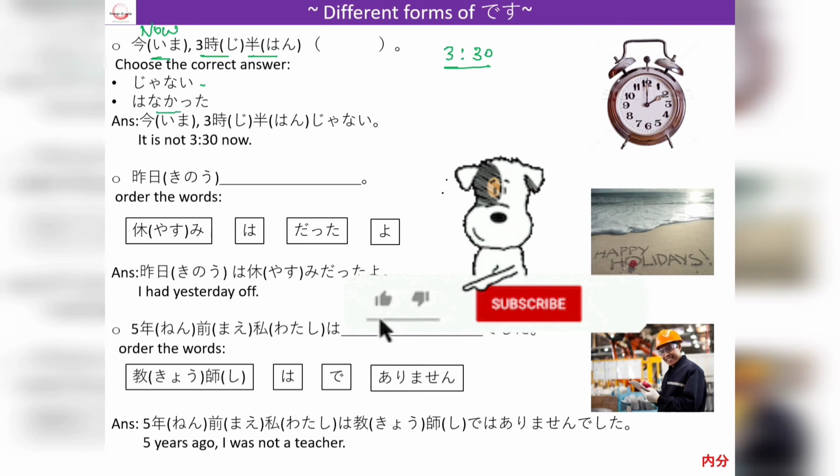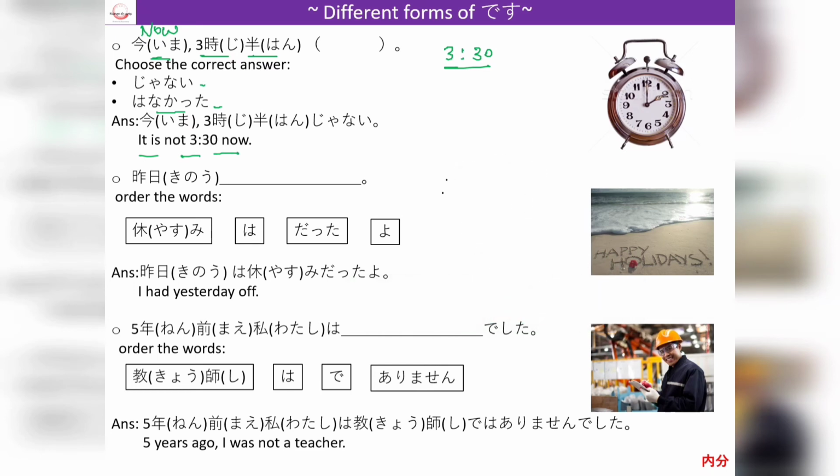Janai or deva nakatta. So it is saying it is not 3:30 now. So deva nakatta doesn't have any meaning here, so this is wrong. And basically it is written in past negative, so we cannot use this.